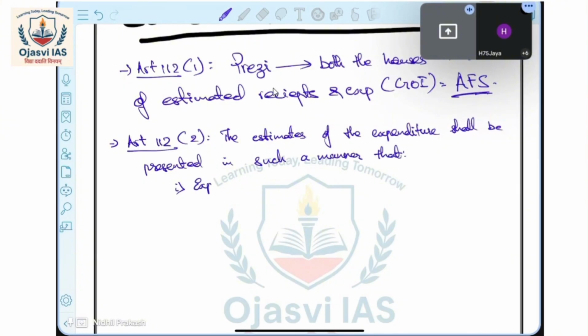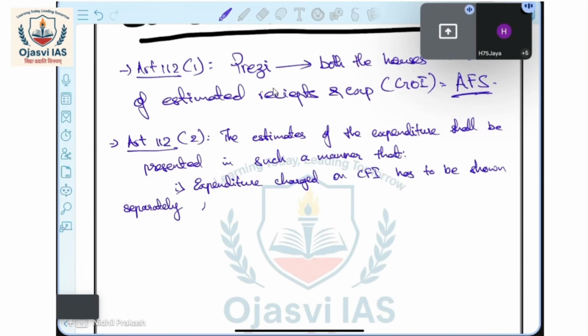Expenditure charged on CFI, expenditure charged on the Consolidated Fund of India, has to be shown separately from expenditure made from CFI.